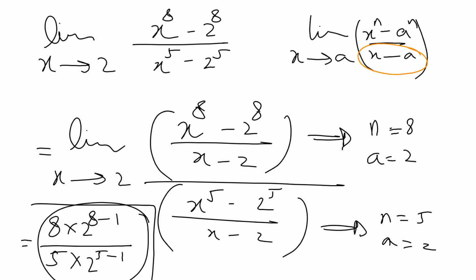Won't that just become a different formula? We can take the top power as n and the bottom power as m, so that can become n upon m into a raised to n minus m.